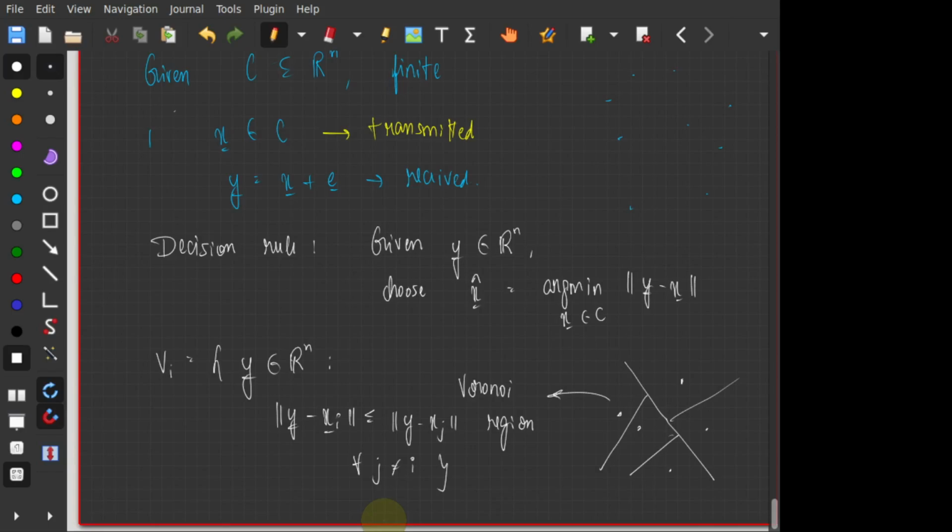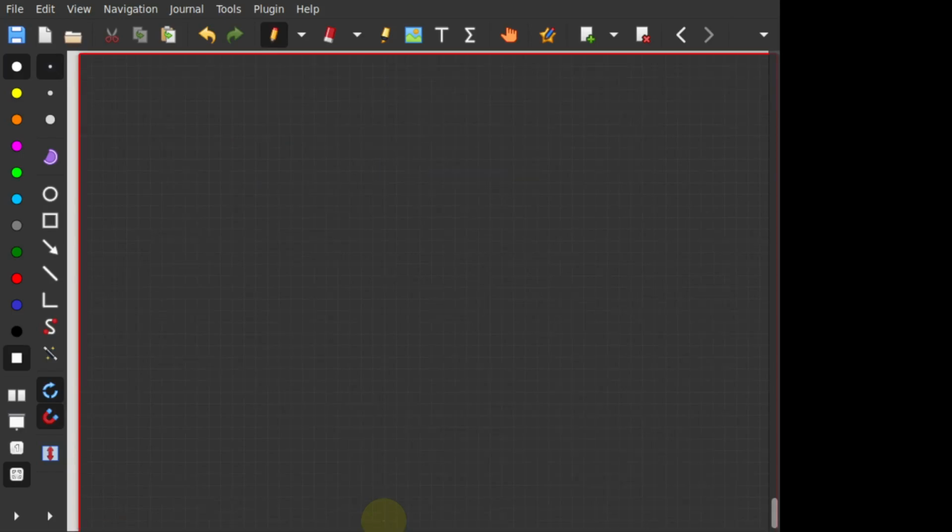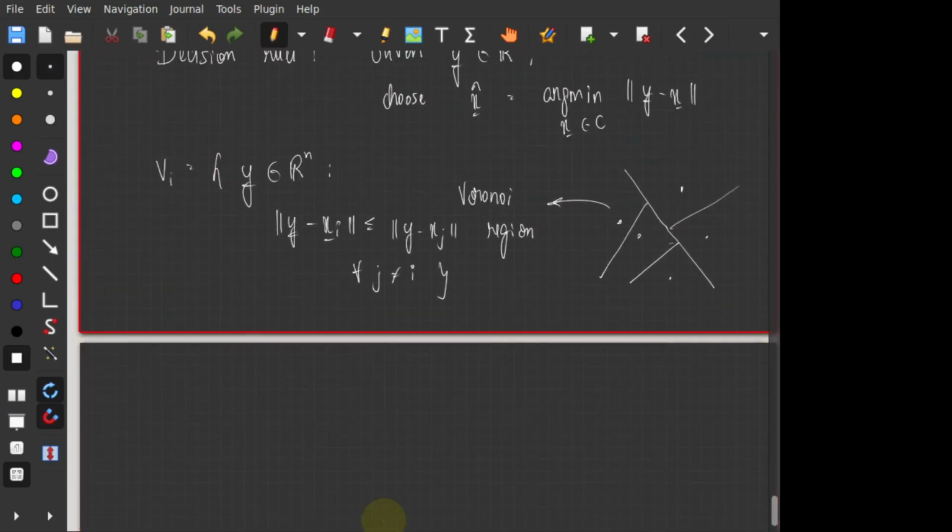Okay, but what kind of sets are these? Okay, so it's convex, and why do you say they're convex? An intersection of hyperplanes.